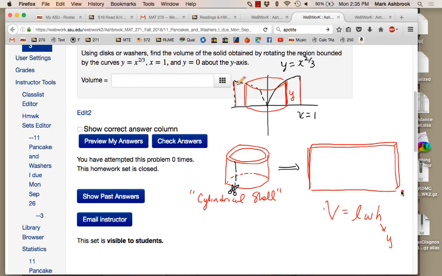Okay, so we'll call the width this very small dimension here. Let's call that width. Looking back at the shell, looking back at our thing, what is the width? Well, the width is this dimension right here. What's that? Delta x. So that small dimension came originally from our slice, and that's delta x.